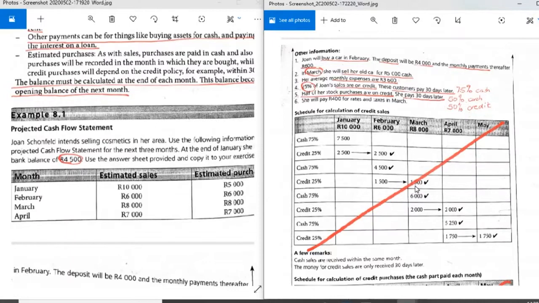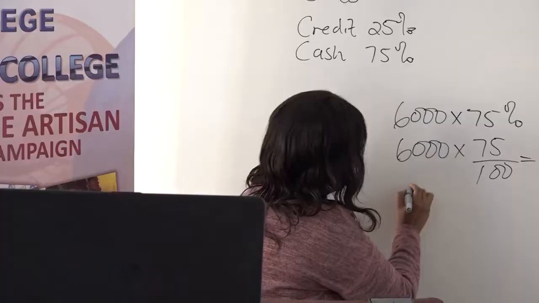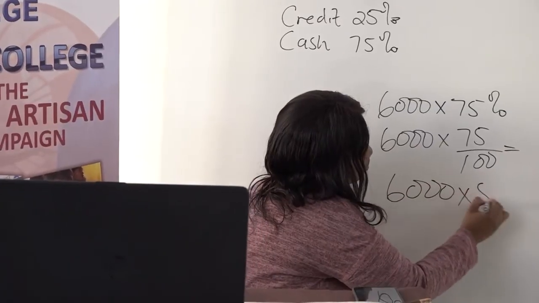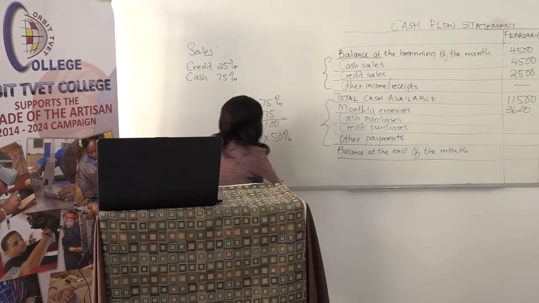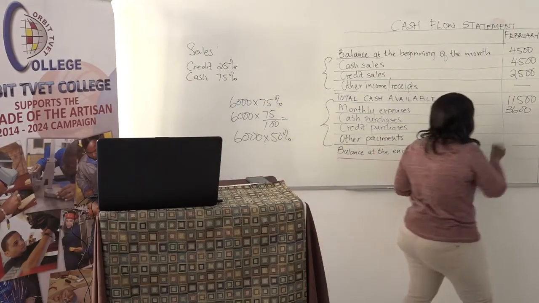Now how much is our cash purchases in February? It's 60,000 rand. Now 60,000, is it 60? Yes, not 60,000, sorry, it's 6,000 rand. 6,000 rand multiplied by 50%. Remember, we are calculating the cash purchases. It's going to give us 3,000 rand.